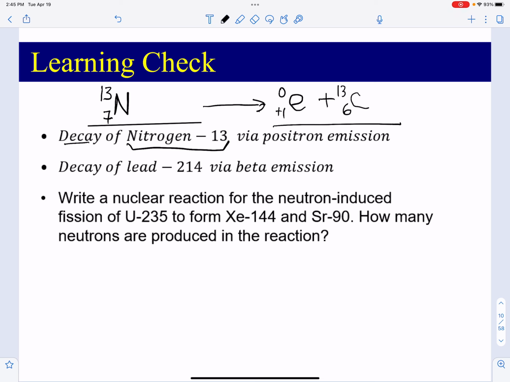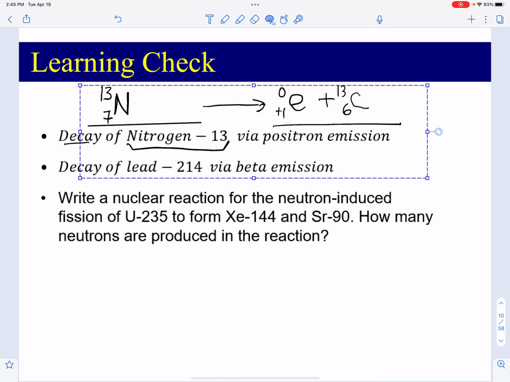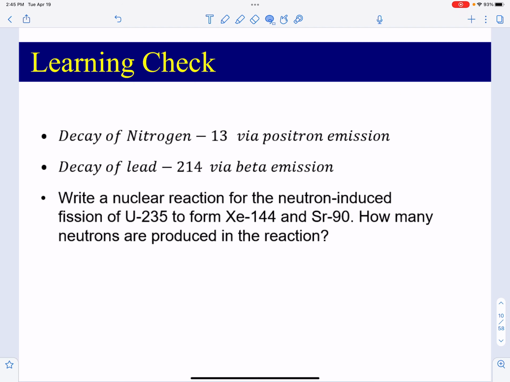Let's do the next one. On the next one, we're gonna have another decay. So it's gonna be producing a beta emission. So beta is just like an electron, -1 and 0.